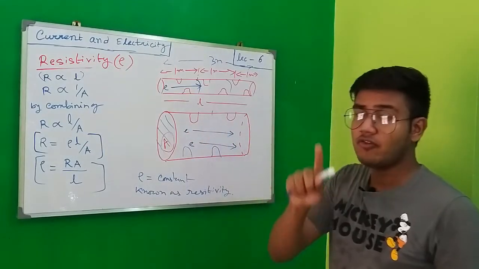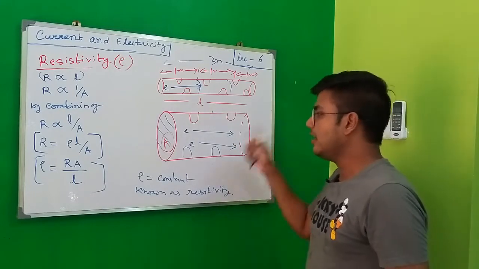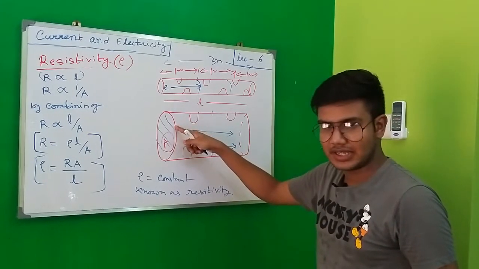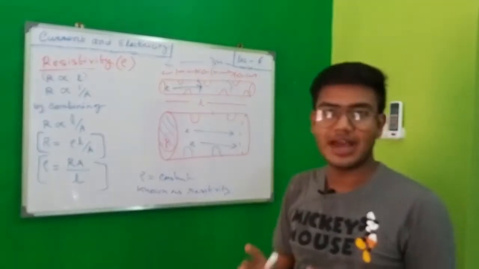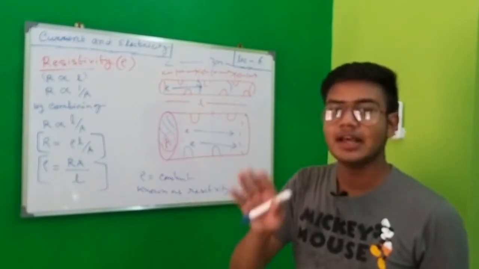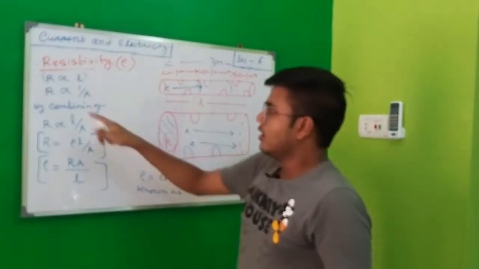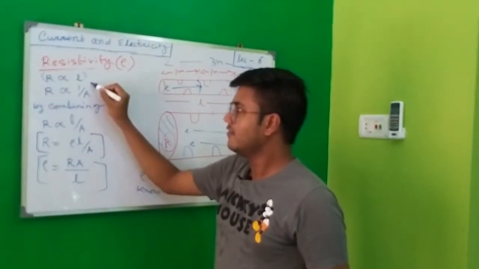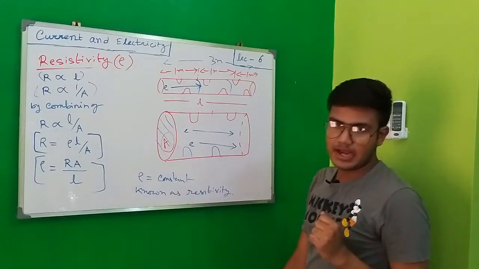So the flow of electrons is increasing. That means if area increases, current will increase, and we know if current increases, then the resistance is decreasing or resistance is less. So from here you can say the resistance is inversely proportional to the cross-sectional area.